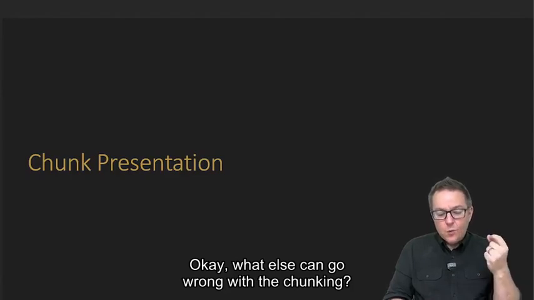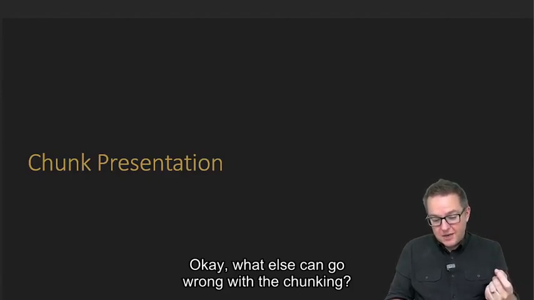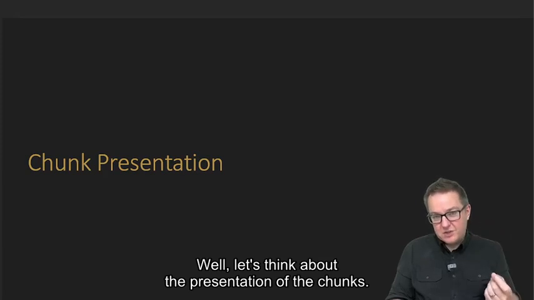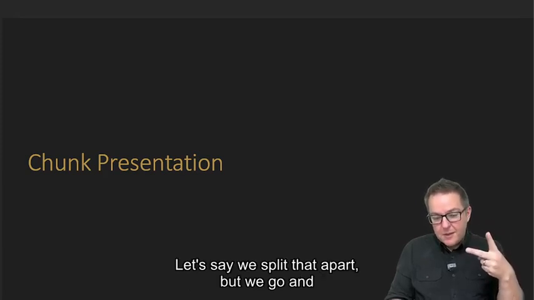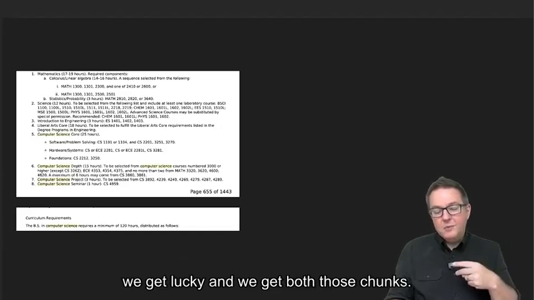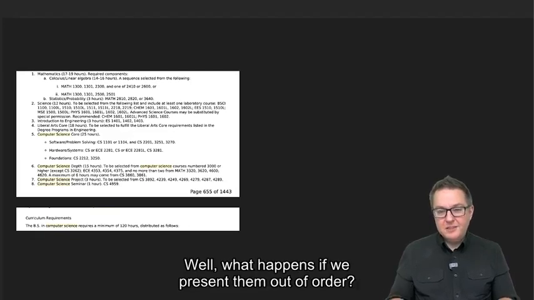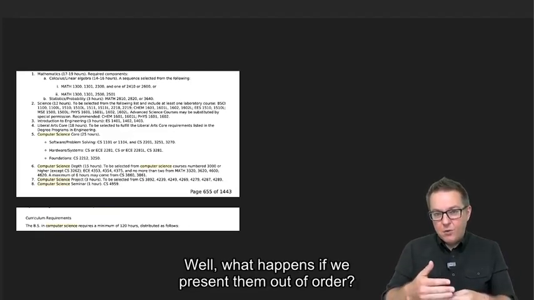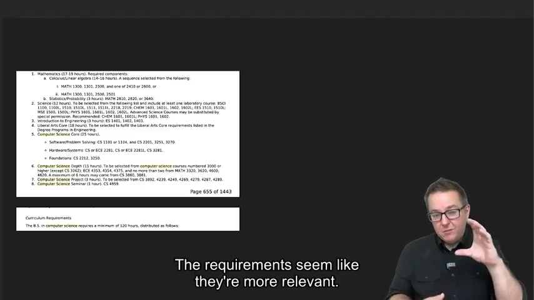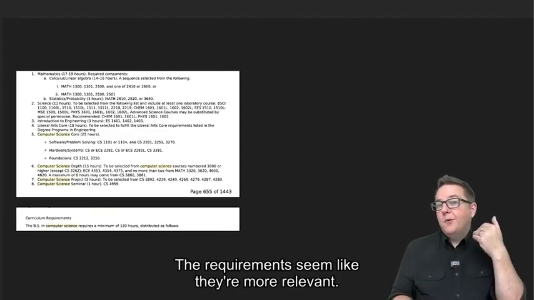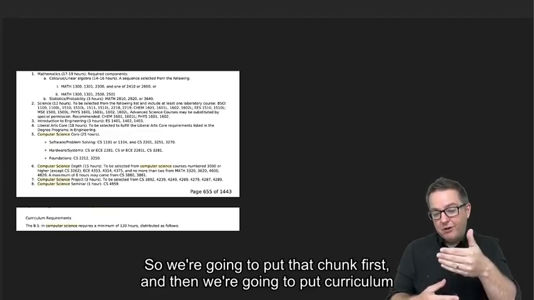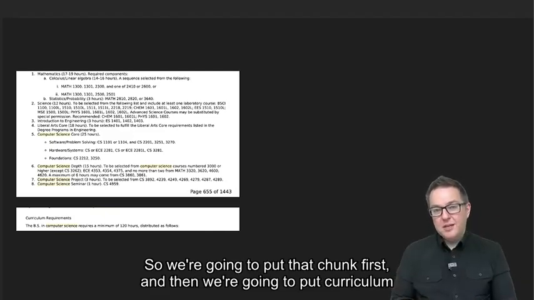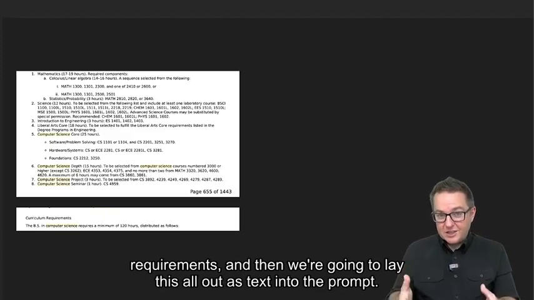Okay, what else can go wrong with the chunking? Well, let's think about the presentation of the chunks. Let's say we split that apart, but we get lucky and we get both those chunks. What happens if we present them out of order? We say, you know what, the requirements seem more relevant, so we're going to put that chunk first, and then we're going to put curriculum requirements, and lay this all out as text into the prompt.